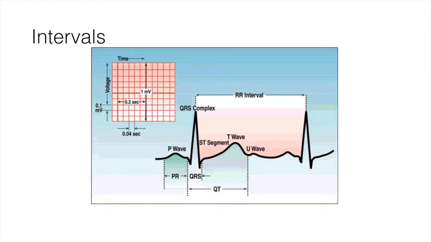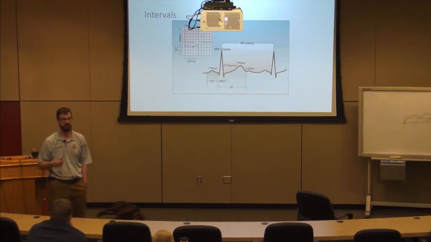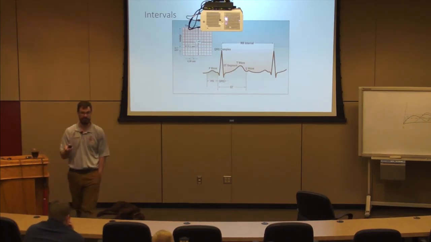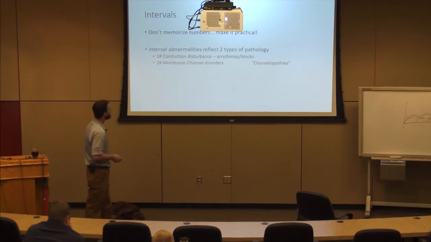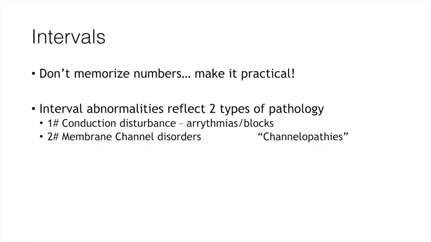That number really needs to be less than 500 milliseconds, and that usually shows up calculated on the 12-lead EKG. But 500 tends to be the cutoff where I start to get a little bit anxious, okay? So don't memorize numbers, make it practical, because it lays out on a grid. Understand what normal is on that grid, right?